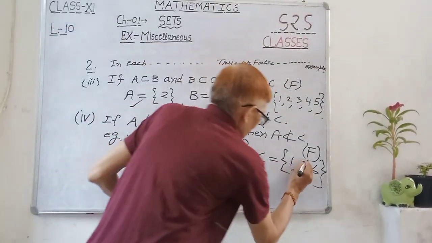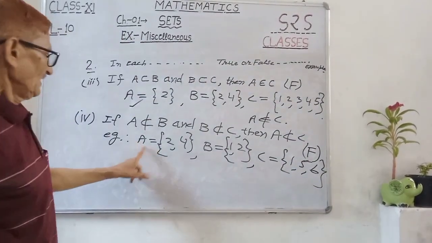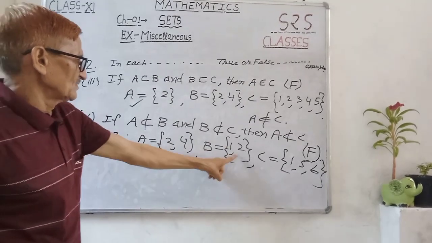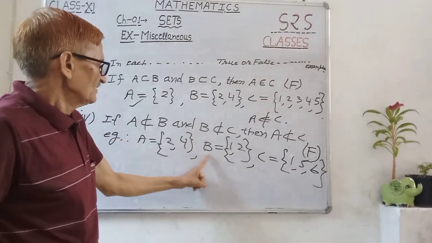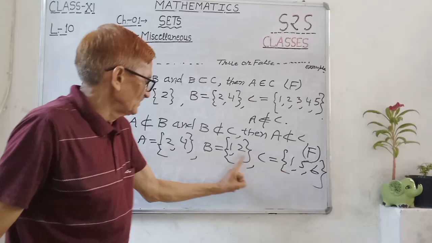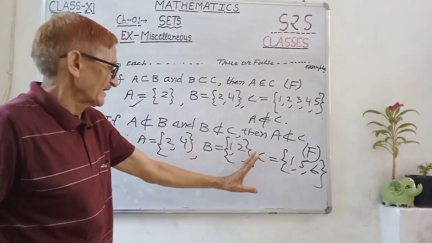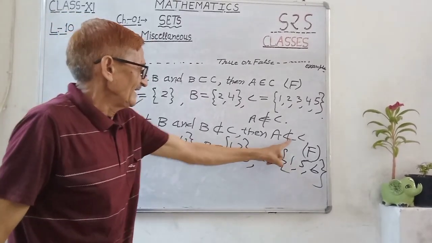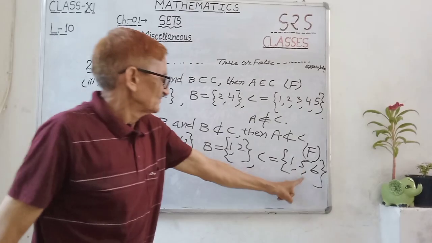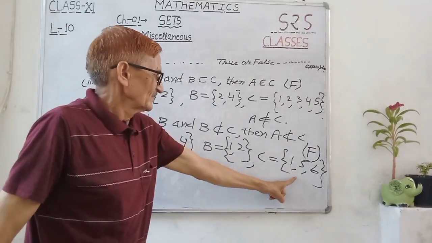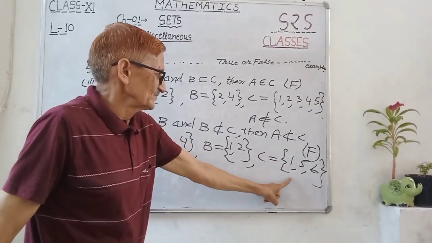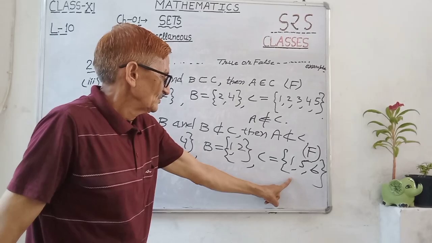See example. A is not a subset of B, correct? B is not a subset of C, all elements are not there. Okay, correct. Then A is not the subset of C.